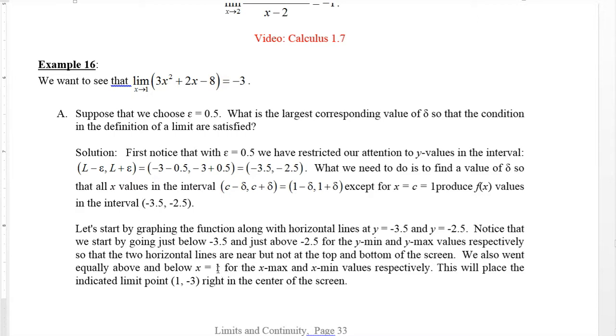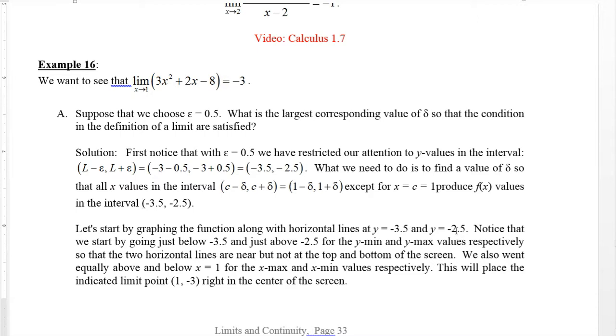We probably want to set our window so that x equals 1 is about in the middle of the screen, so we might go from 0 to 2 or negative 1 to 3 to start with. For the y's, we need to see these two horizontal lines, but not much above and below them.